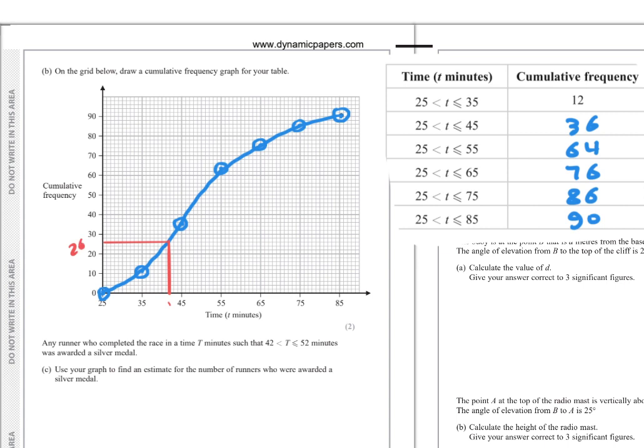The same from 52. This is 50, so this is 52. Draw a vertical line till you reach the curve, then find the corresponding value.